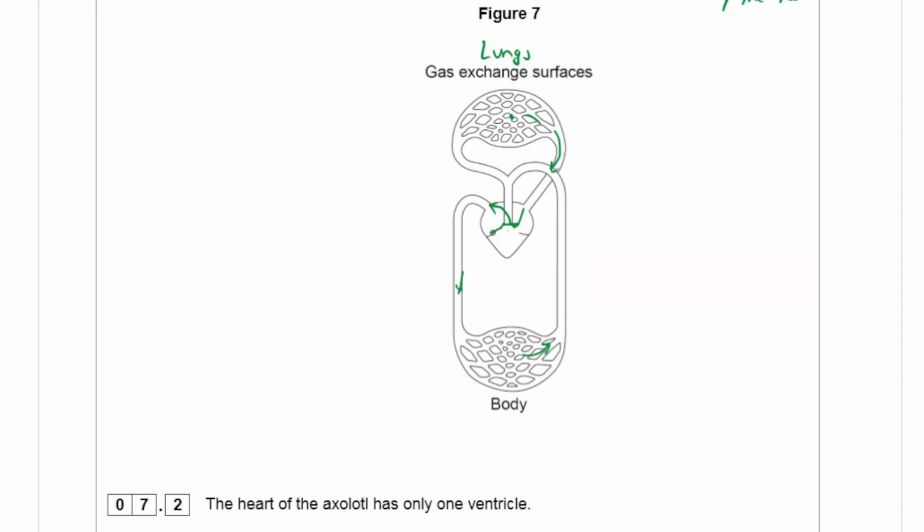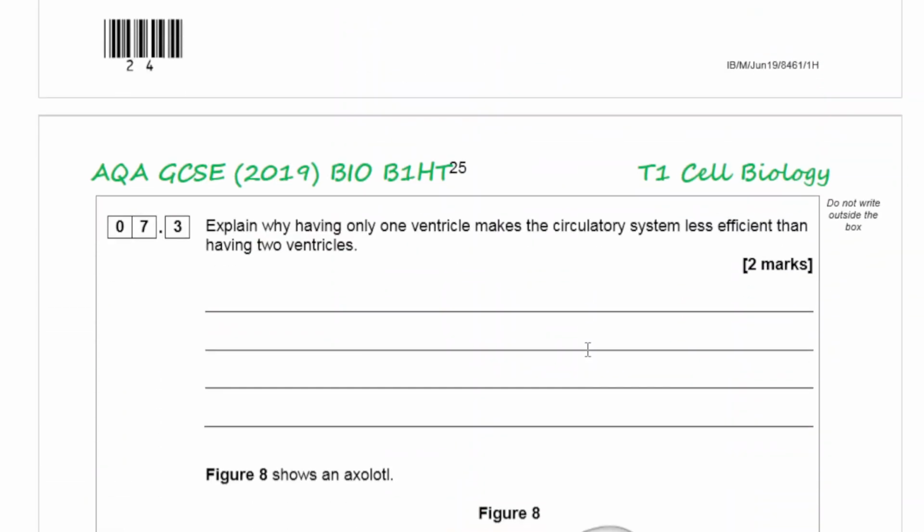So anywhere in this area is basically the ventricle. The top bit, remember, is the atrium. Humans actually have 2 ventricles and 2 atria.